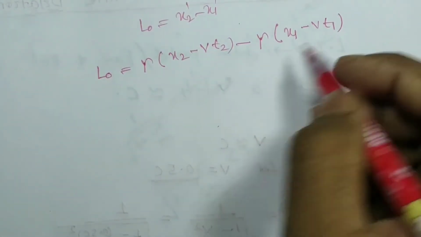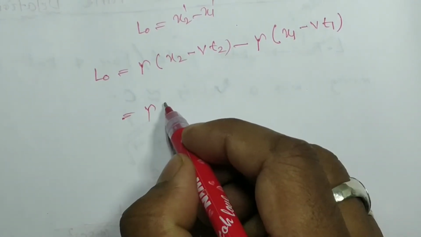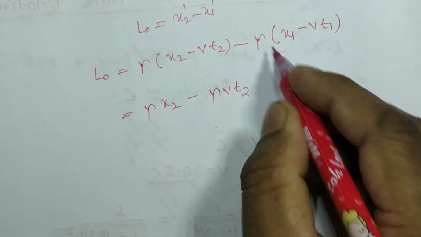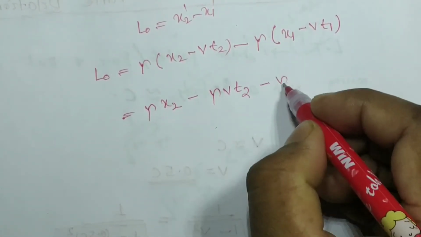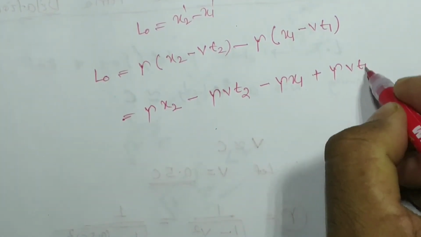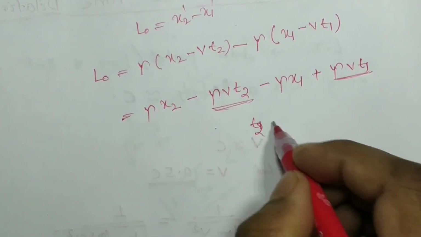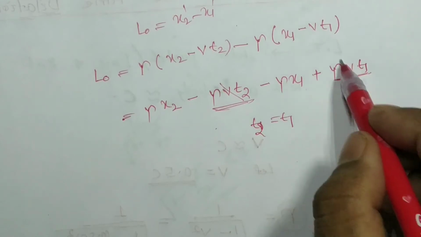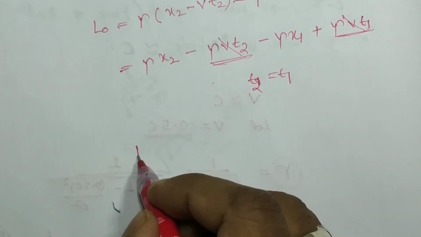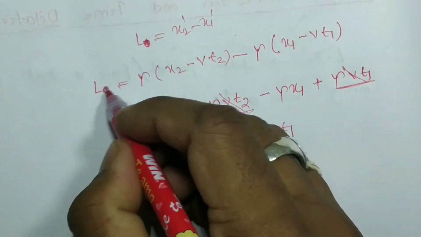So this will be gamma x2 minus gamma Vt2, minus gamma x1 plus gamma Vt1. This equals that because T2 equals T1, so these two terms cancel out. Sorry, this will be L0, correct.